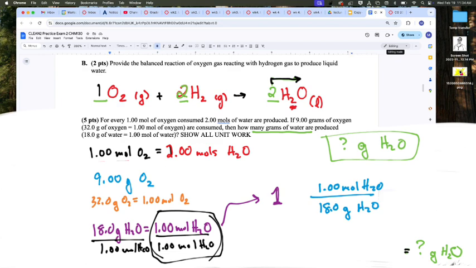One. Okay? So the question becomes, which one do I want to use? What do I want? I want grams of H2O. Located where? In the numerator. Does this blue one give me grams of H2O in the numerator? Is that going to be a useful one? No, that's pretty useless, so let's get rid of it.